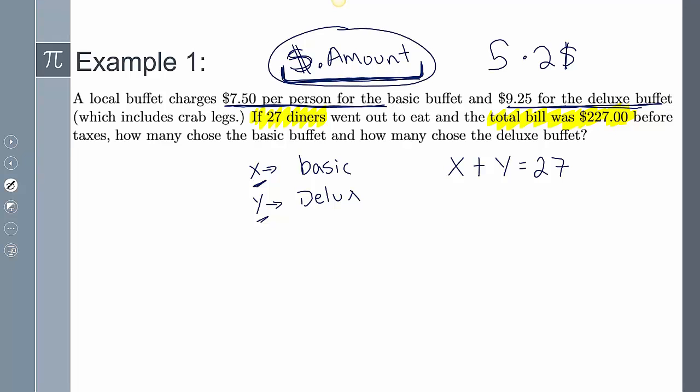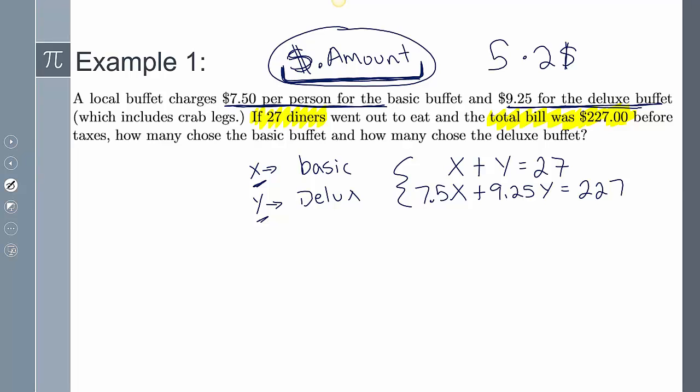We said the dollar amount, so $7.50 per basic buffet plus $9.25 per deluxe buffet, and I know that's going to total $227. These are the system of equations that I need to establish.